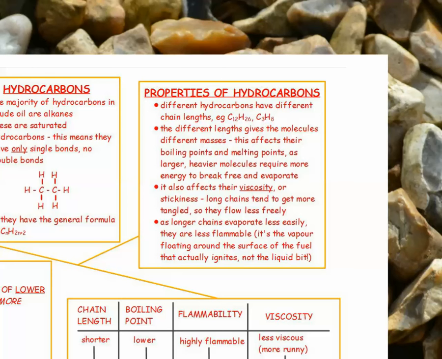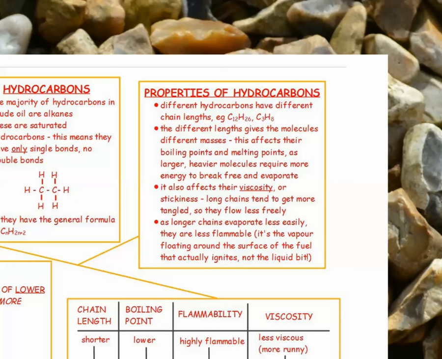It will also affect their viscosity or stickiness. A viscous substance is something that's thick and sticky. Long chains tend to get more tangled, so they flow less freely. So the longer the chain is, the more viscous it tends to be. As longer chains evaporate less easily, they tend to be less flammable.